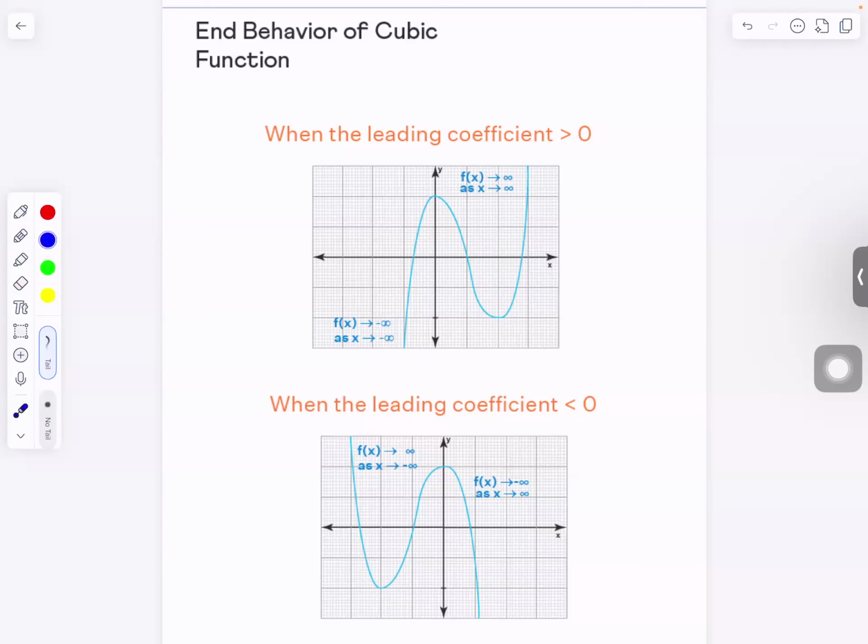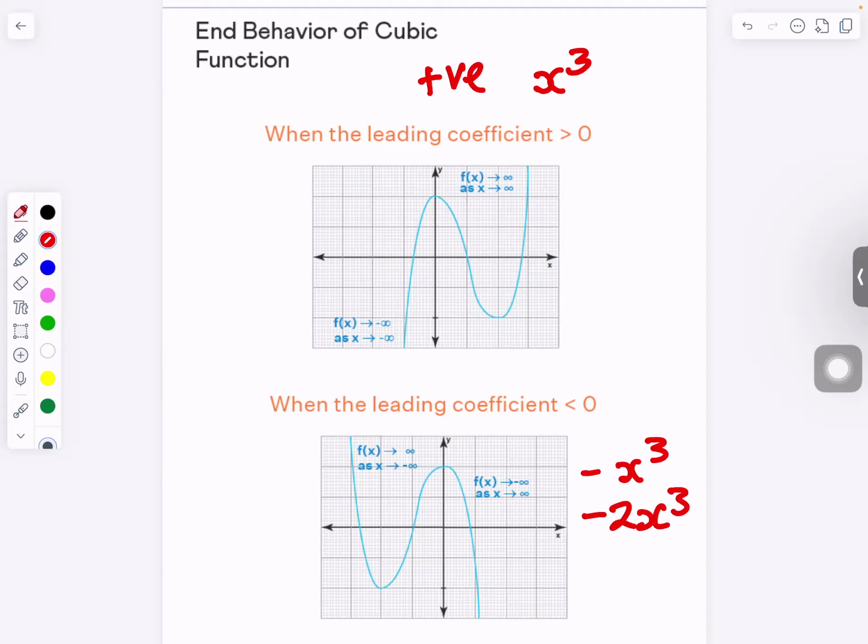So there are 2 types of cubic graphs that you need to know for your exams. The cubic graphs where it's going up, because whatever you had in front of x cubed is positive. And if what you have in front of x cubed is negative, like minus 2x cubed, the graph is going down that way.